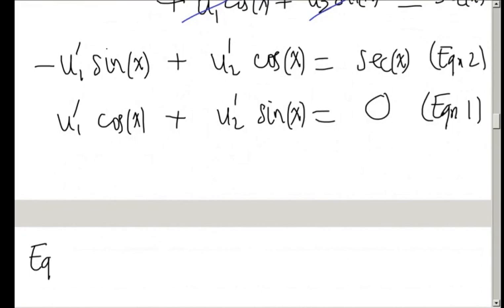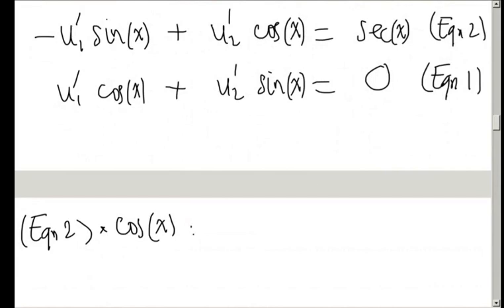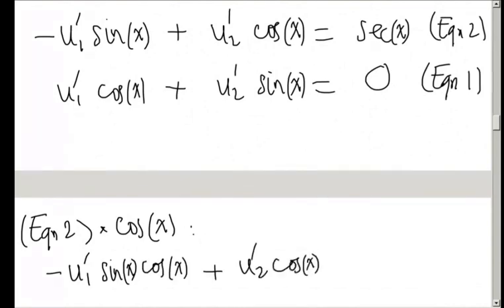So equation 2, and I multiply everything by cosine x. Then I will have minus u1 prime sine x cosine x plus u2 prime cosine x and another cosine x equals secant x cosine x.